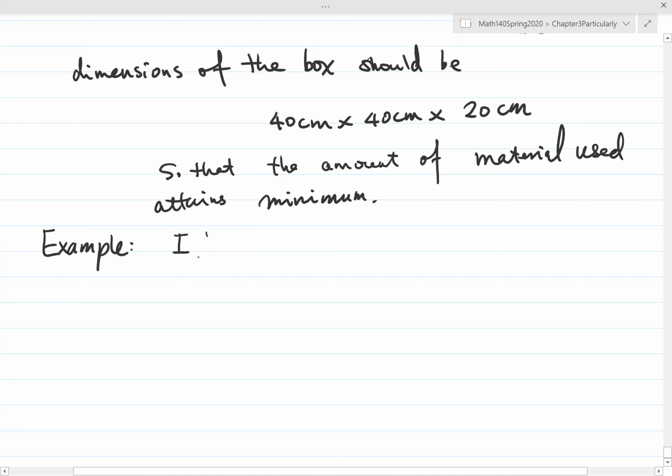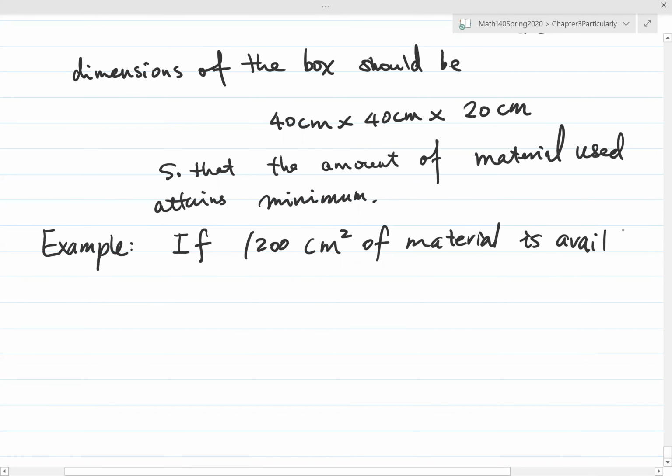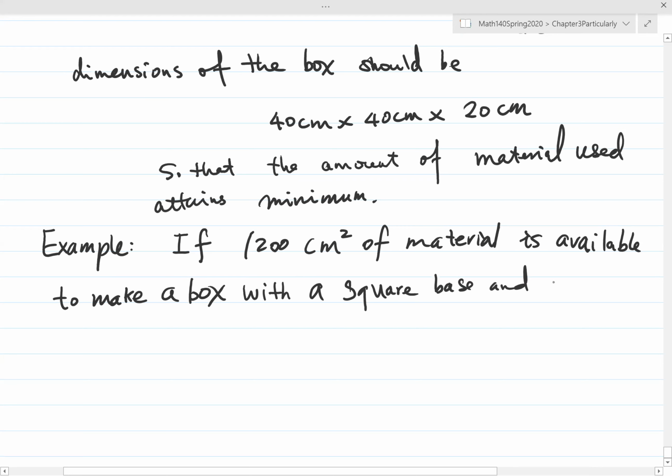If 1,200 centimeters squared of material is available to make a box with a square base and open top.